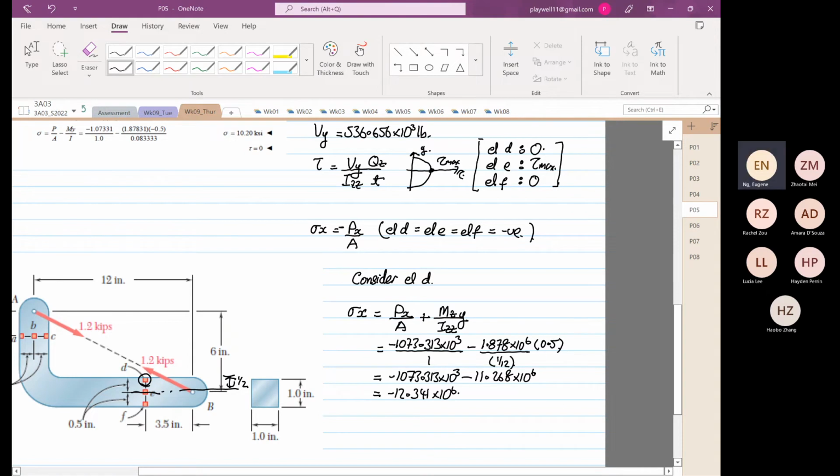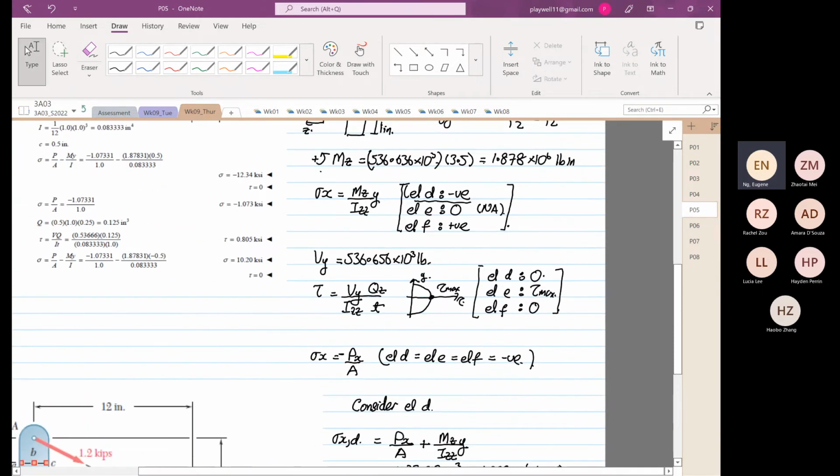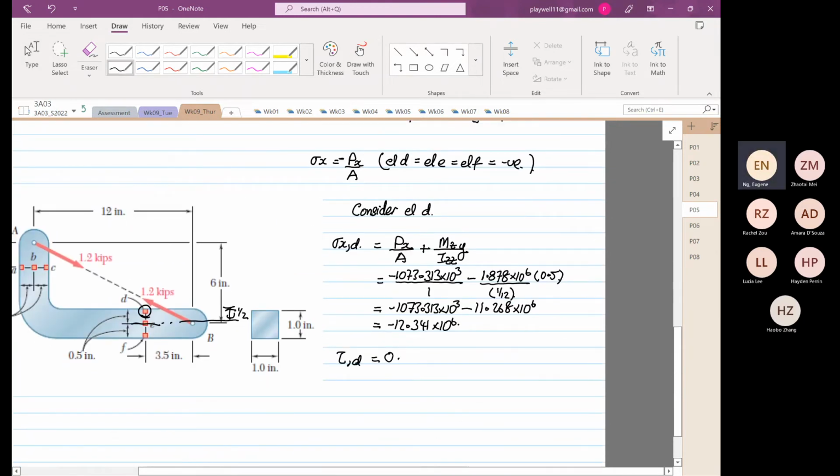Okay, so this is the normal stress at D. The shear stress at point D, induced by this, is equal to 0. That is our element D. If you were to draw the element, I'll skip ahead because you know this already.